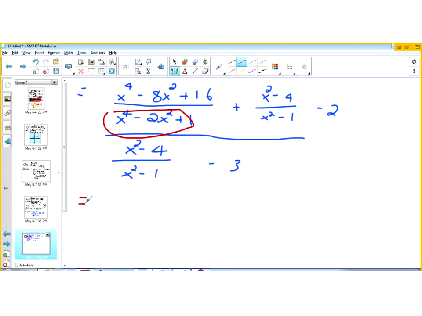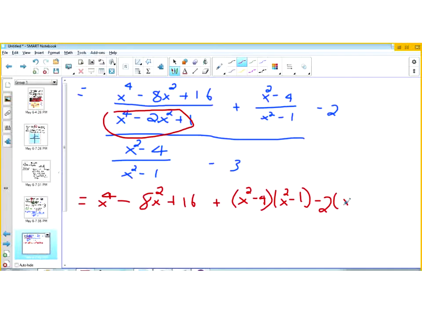And so what I get is x to the fourth minus 8x squared plus 16, plus (x squared minus 4) times (x squared minus 1), minus 2 times (x to the fourth minus 2x squared plus 1).